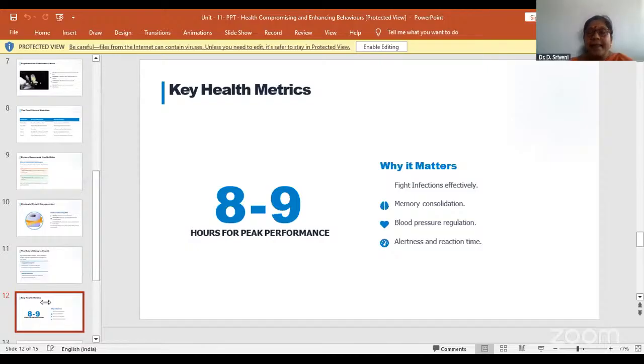Now, health enhancing behaviors are defined as intentional actions that improve a person's long-term well-being and strengthen their ability to manage life pressures. Unlike compromising behaviors, which act as stressors, enhancing behaviors function as resilience buffers, and they promote successful psychological adaptation.